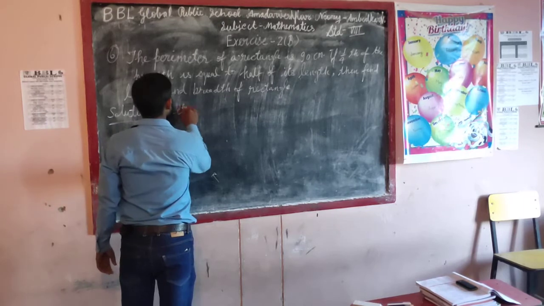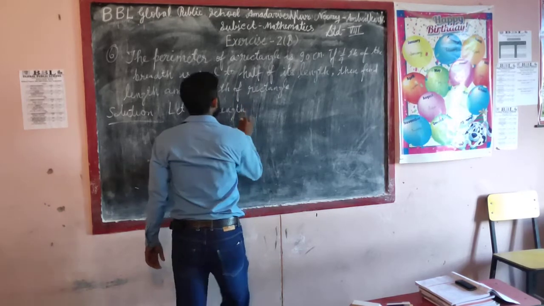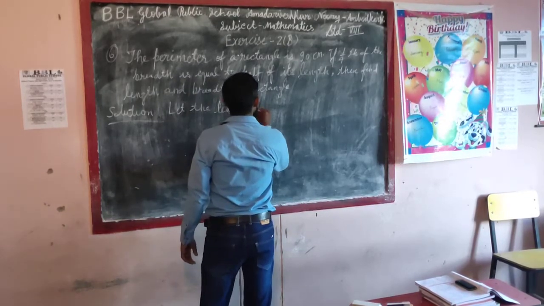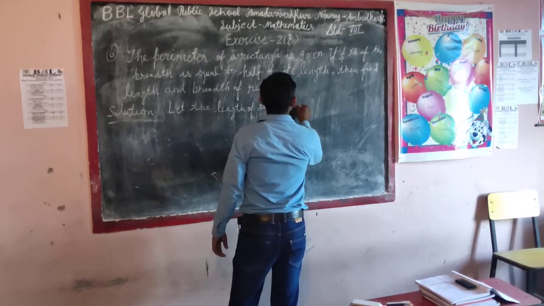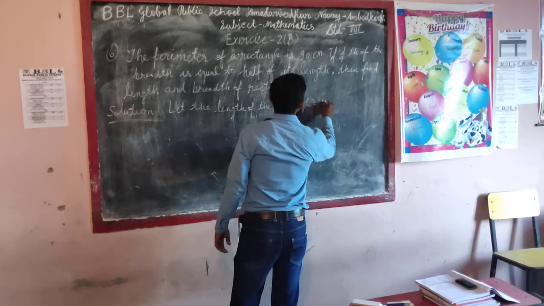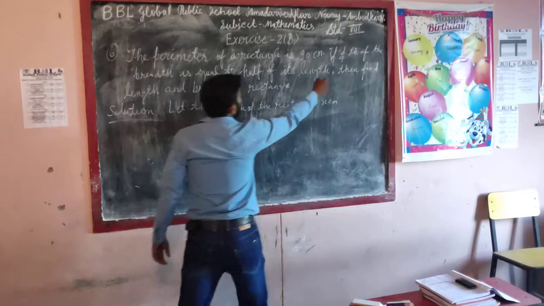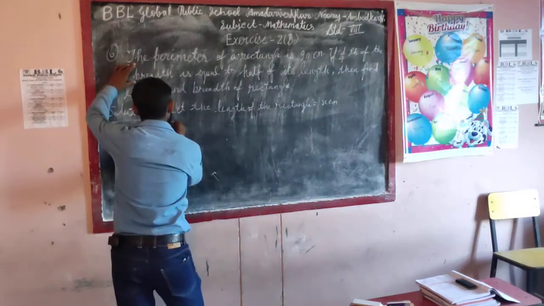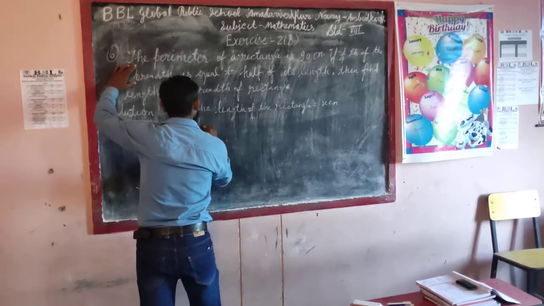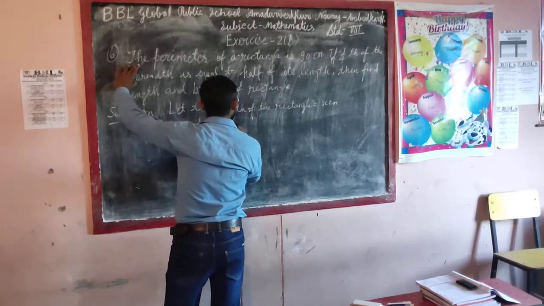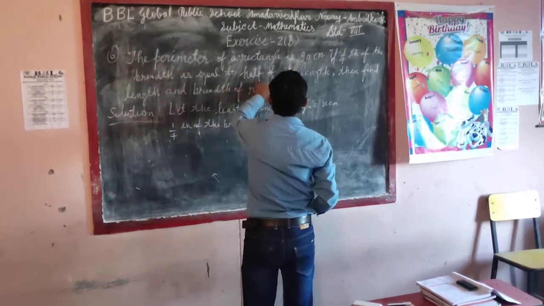Let the length of the rectangle be x centimeter. Therefore 1/4 of the breadth is equal to half of its length.